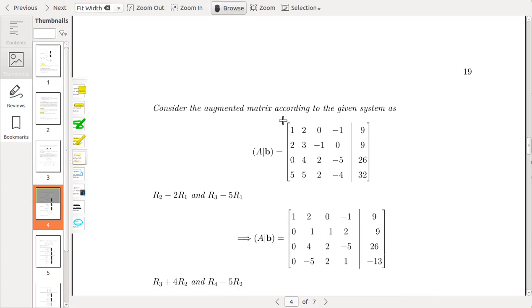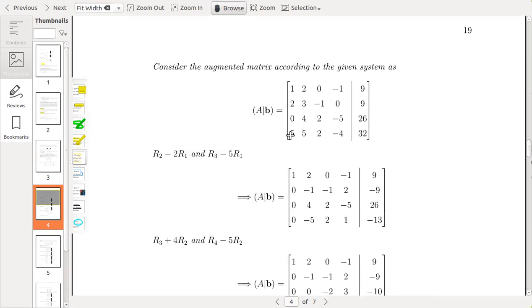So look at the first position, this diagonal entry is 1. Okay, so here we don't need to interchange rows because the first entry is 1, and we can perform the elementary transformation easily.